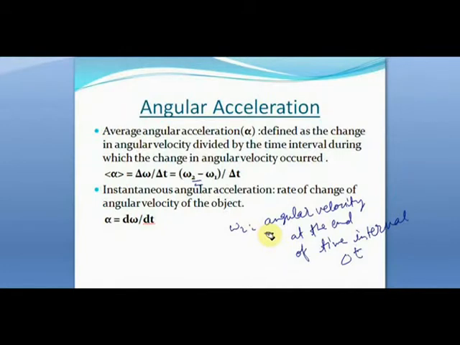Now instantaneous angular acceleration will be the rate of change of angular velocity with time. So instantaneous angular acceleration alpha can be written as d omega by dt.